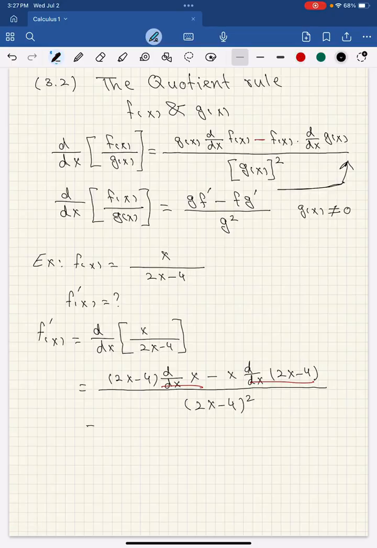Then it's equal to, let me go down a little bit. I'll keep 2x minus 4 times d dx of x is 1, right?